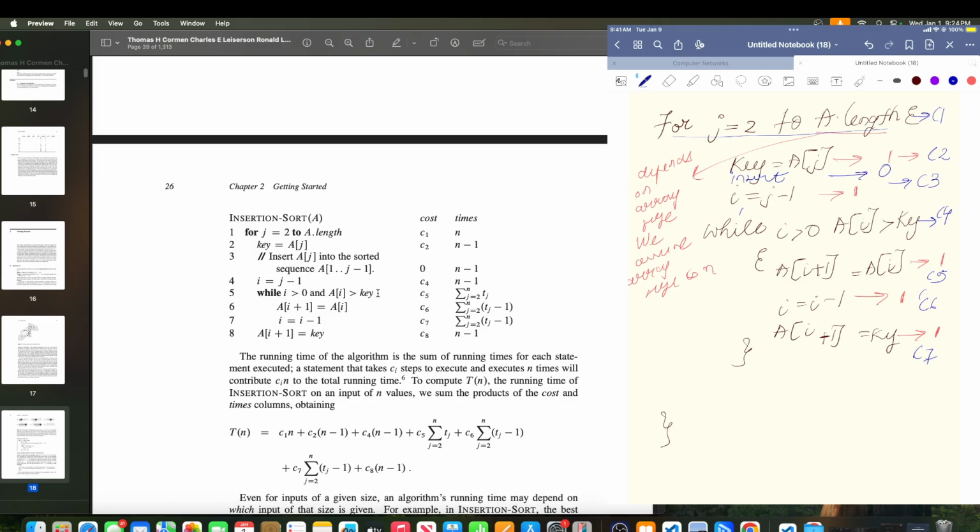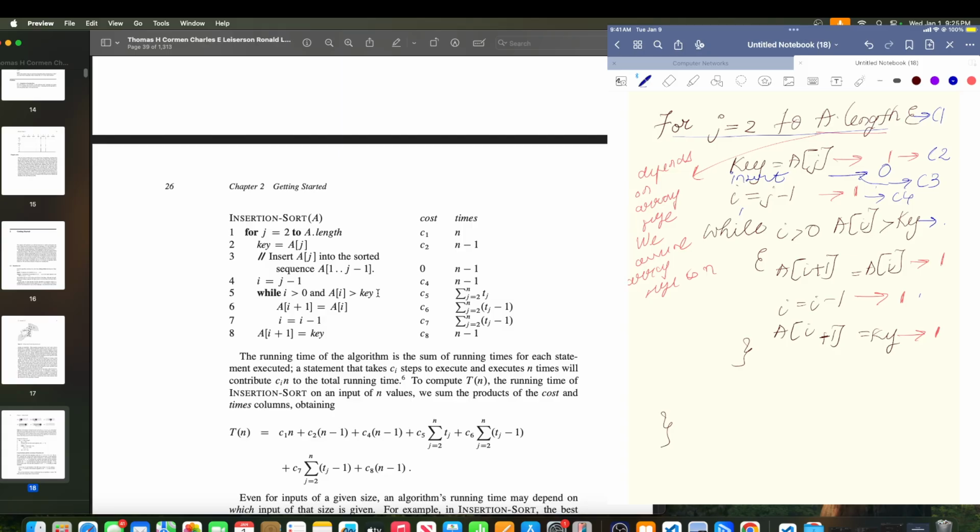I missed some numbers. Or did I miss an instruction? Oh yeah, this instruction is missed. This is C3. Yeah, this is C4.